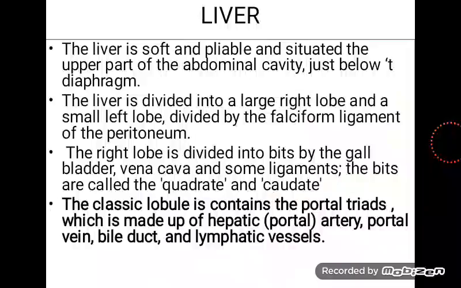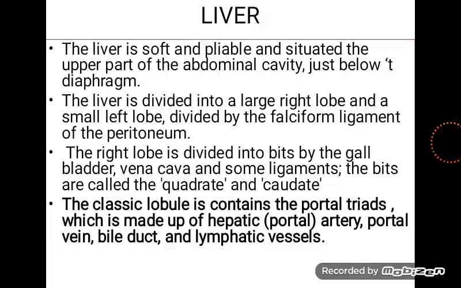That means it is tender, and it is situated at the upper part of the abdominal cavity, just below the diaphragm. Sorry for the typographical error, I didn't get that on time. So that's just below the diaphragm.